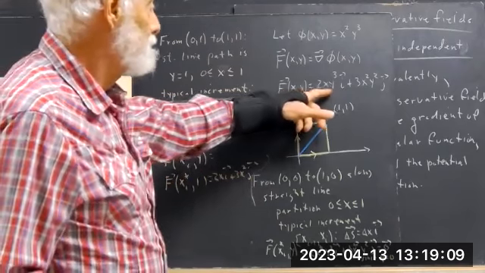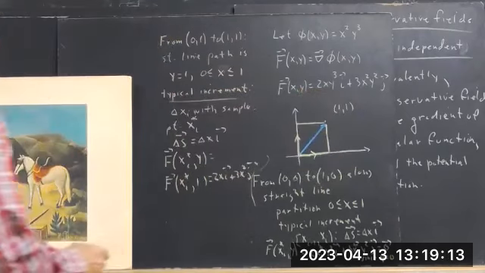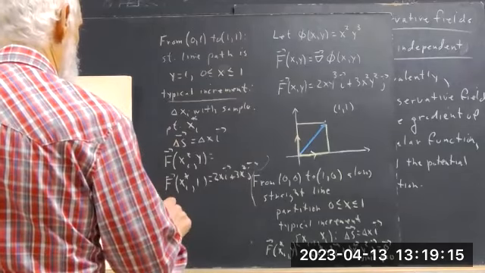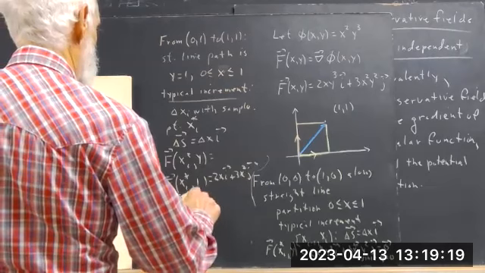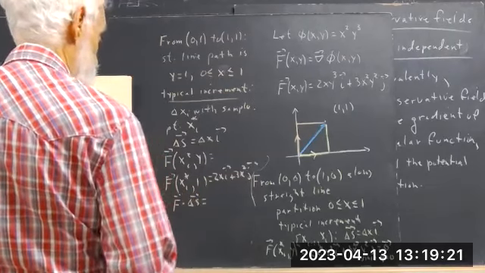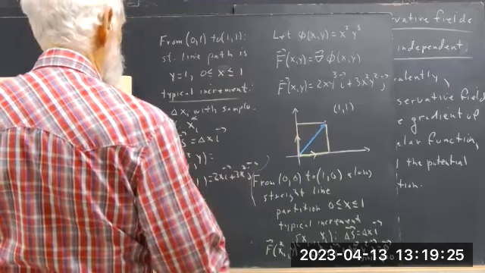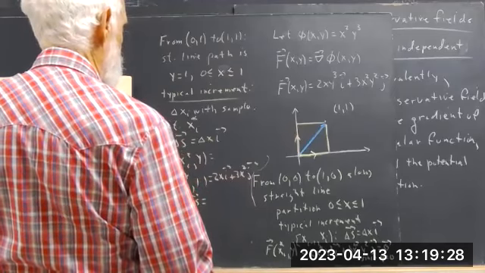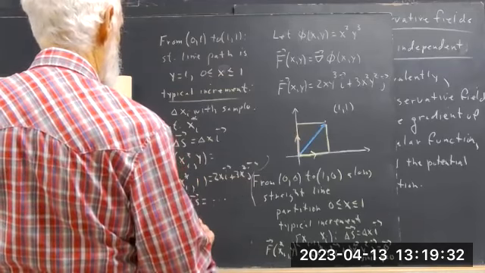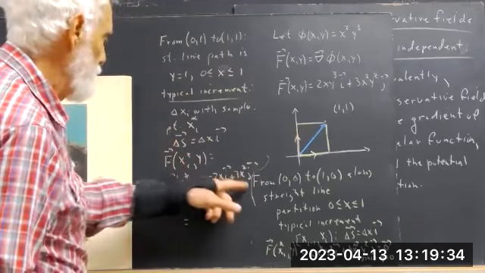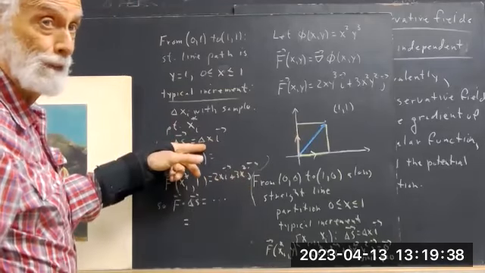You've got 2xy i and 3y squared, 3x squared j. Equals. You don't have to write it all out. It's obvious you write this dotted with this, and you're going to get 2xy delta x.